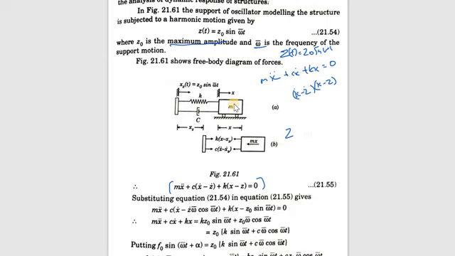So z is equal to z0 sine omega t. Therefore I can take the derivative. So here I can substitute, instead of z I am substituting z0 sine omega t, and z dot, what will it be? z0 omega dash cos omega t. Okay, so this will be my term.